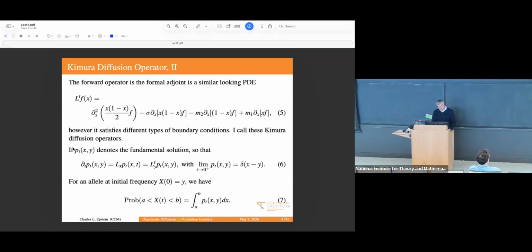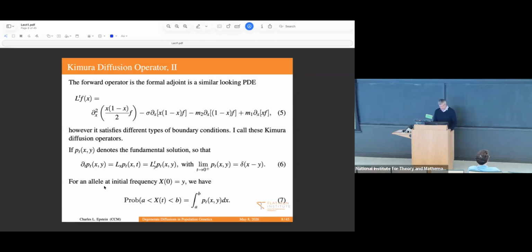Okay, so now, the fundamental solutions of these operators, so the solution to the equation dt p sub t is Lx acting on p sub t, and of course that should be Ly, acting in the transpose variable, and with the property that the limit as time goes to 0 is just the delta function. So this is the transition function for the continuous time stochastic process.